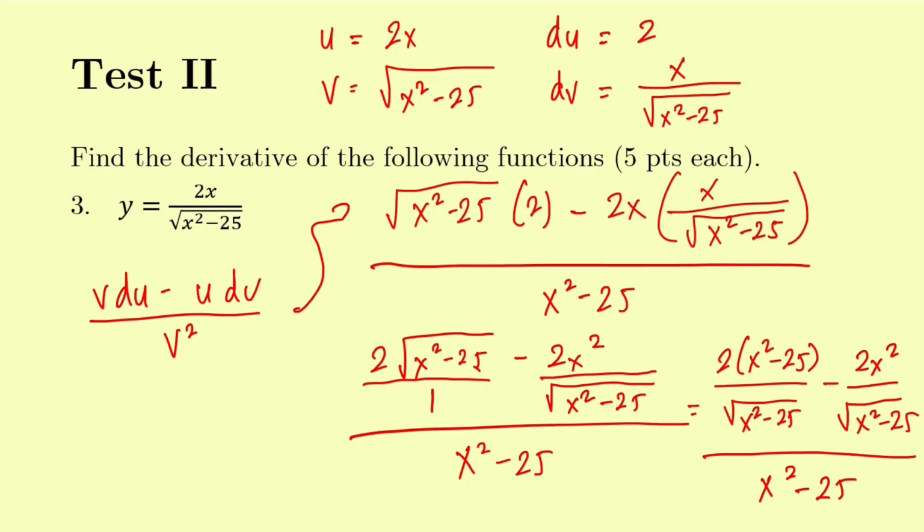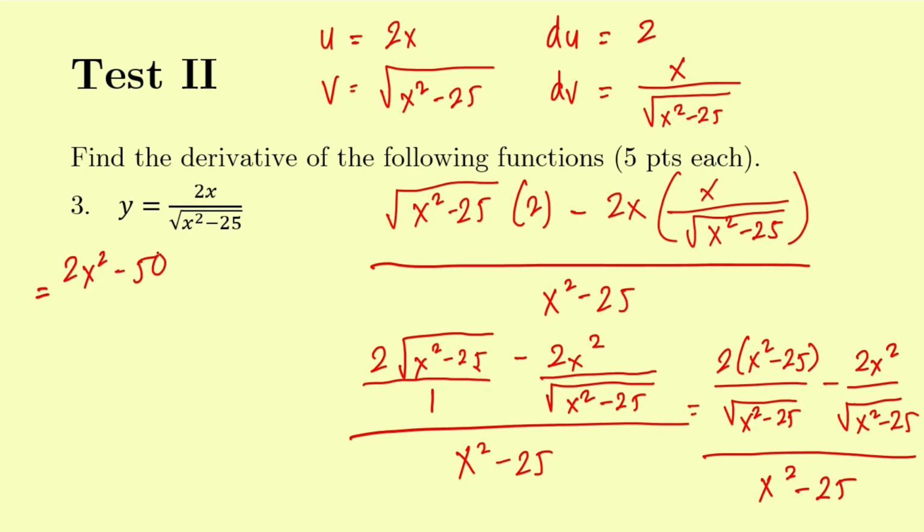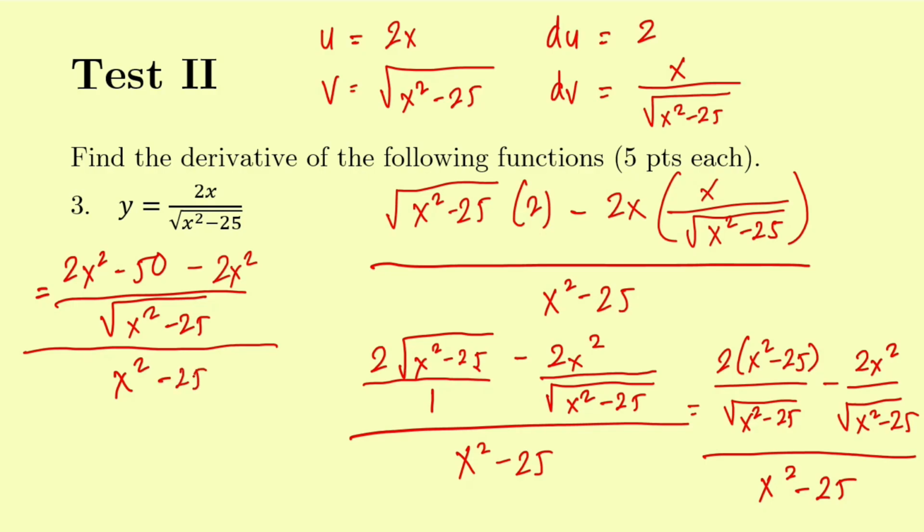Then, combining these, we will end up with 2x squared minus 50 minus 2x squared all over the square root of x squared minus 25, all over x squared minus 25. And that cancels out these terms. You will end up with negative 50 over the square root of x squared minus 25, all over x squared minus 25.